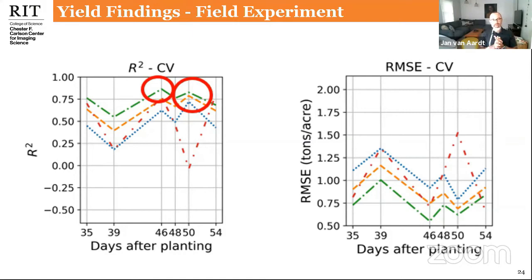And here's some yield findings from the drones in this case. You can see the R-square for the models are decently high, around 0.8, 0.85, approximately 46 days after planting. So we harvest the beans roughly at 55 days. So it's still a ways to go, but I would have liked to see earlier predictive ability, earlier in the season.